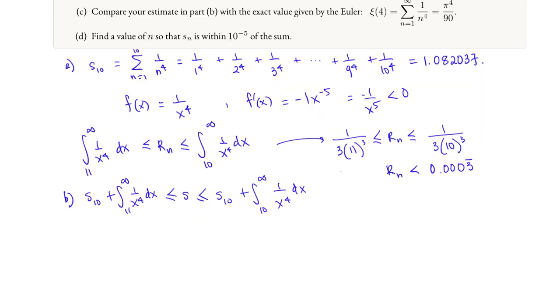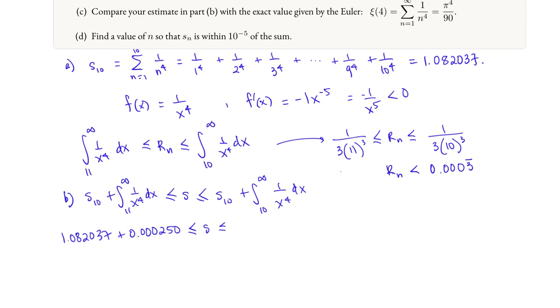But from part A, we saw that S sub 10 is 1.082037, and 1 over 3 times 11 to the third, which is the integral from 11 to infinity, is about 0.000250. This is less than the actual sum, and the actual sum is less than or equal.